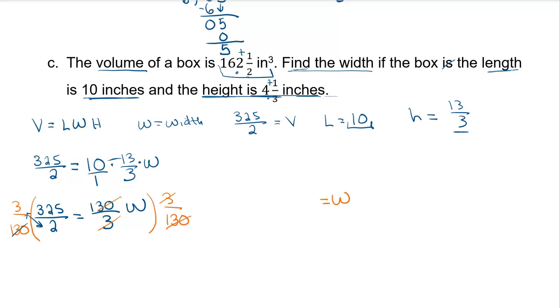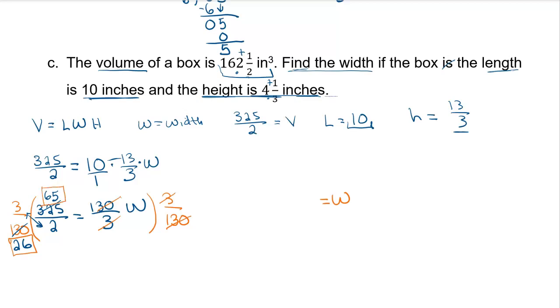Okay, so 65. And then I need to do my 130 divided by 5. And that gives me 26. I don't see any other numbers, at least straight off, that can be reduced. So I'm going to check something. I am going to look at this value as well as 65.